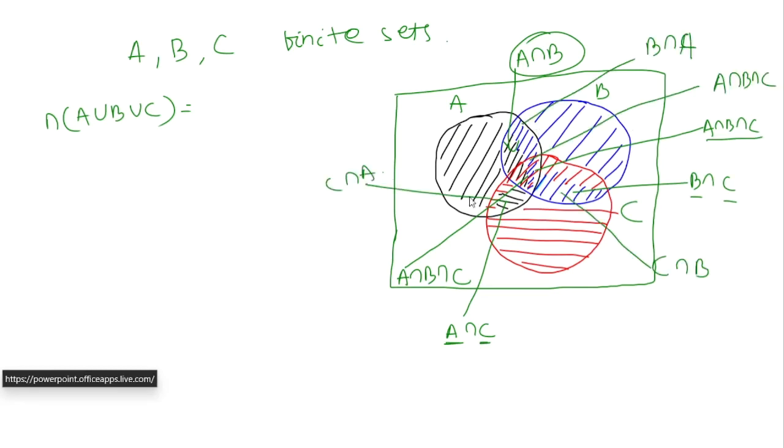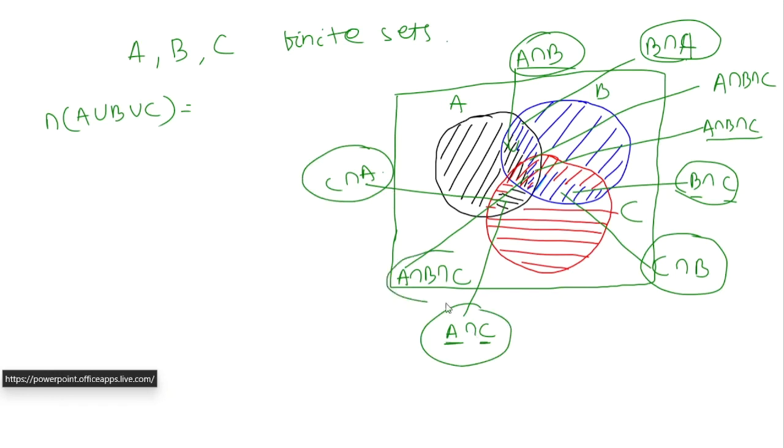So as you can see here, if I count it, then I am taking A intersection B 2 times, B intersection C also 2 times, and C intersection A also 2 times, and A intersection B intersection C 3 times.